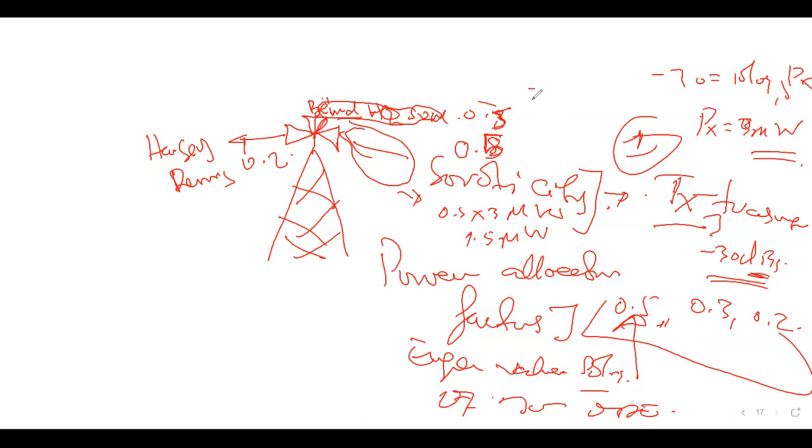And then this other side, you're going to have 0.9 milliwatts. Okay? And this other side, you're going to have 0.6 milliwatts. So you can see that you've efficiently distributed the power, the 3 milliwatts, into the different directions, depending on which one needs more allocation.